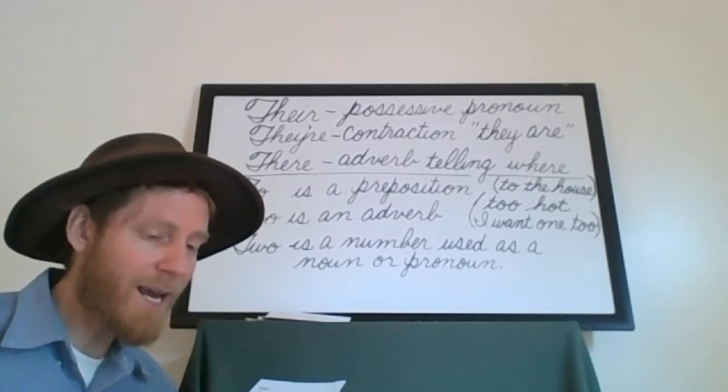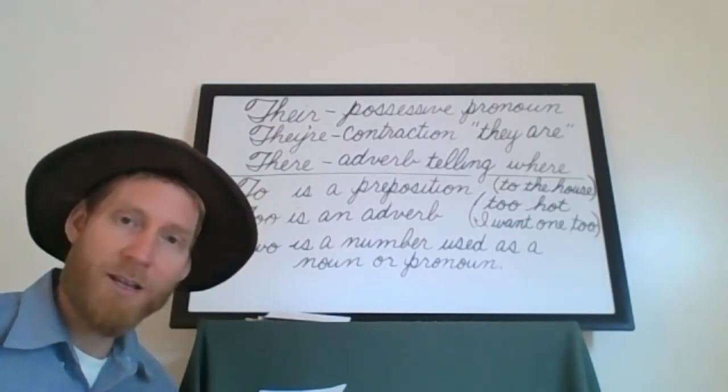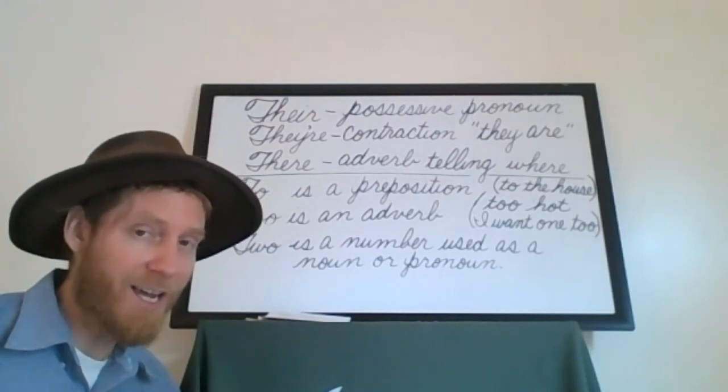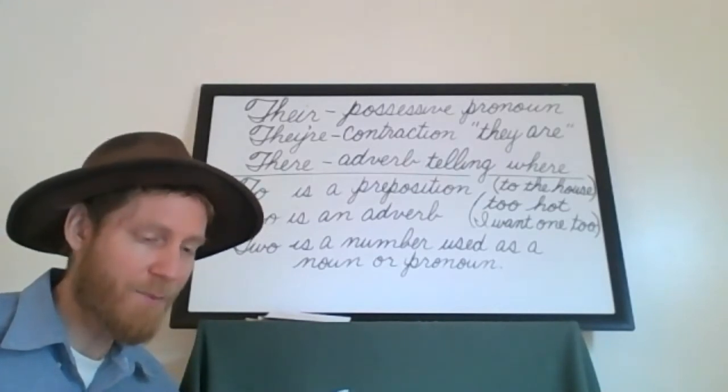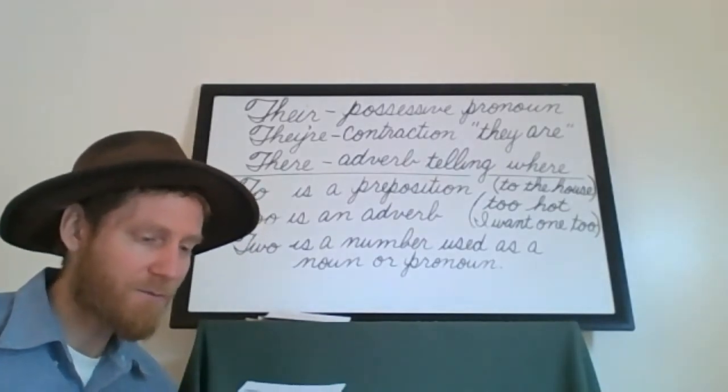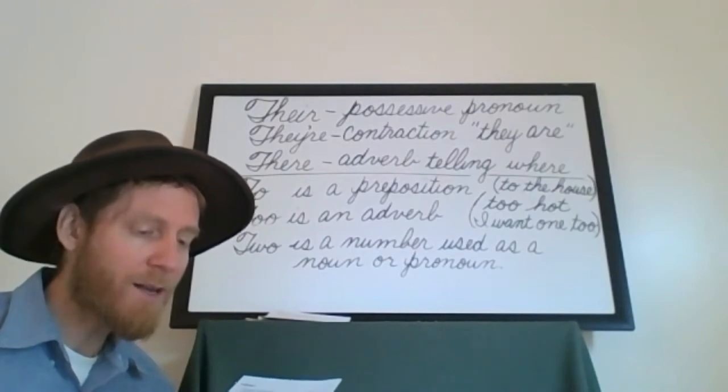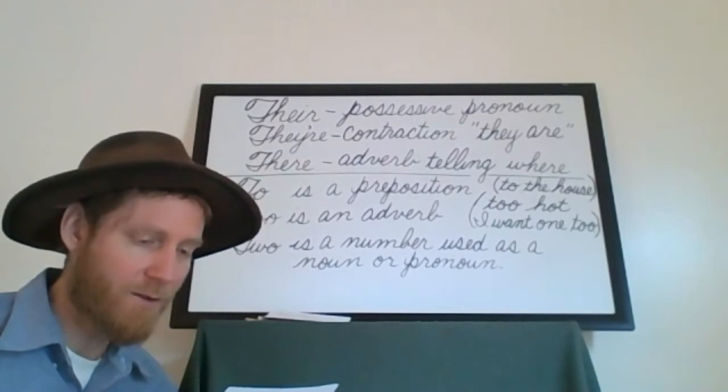Lie or lay on the couch. You should say lie on the couch if you want to take a nap, if you're allowed to. Okay? I am lying my book down or I am laying my book down.